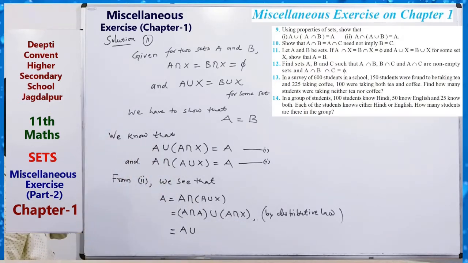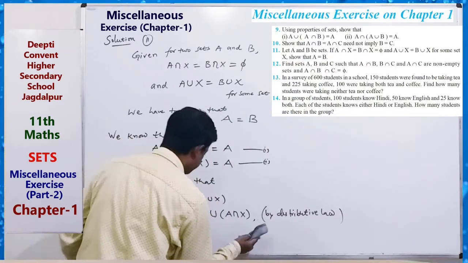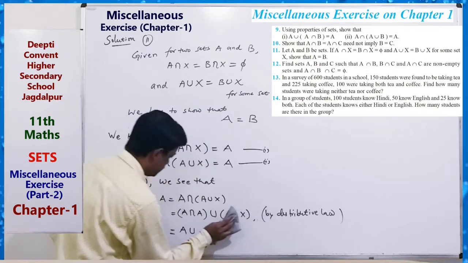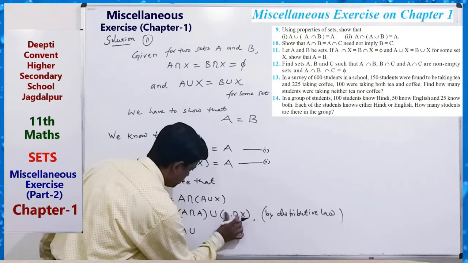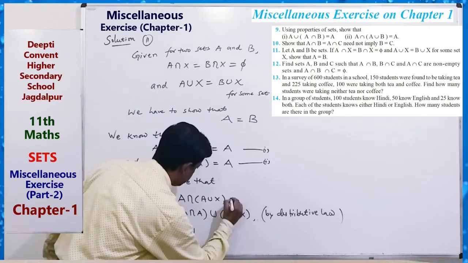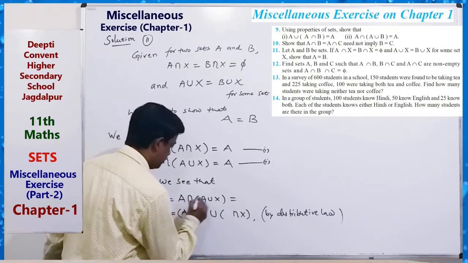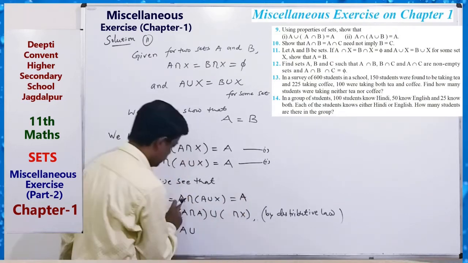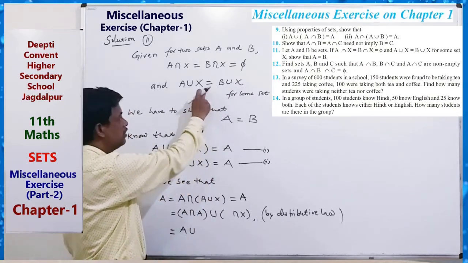So A equals A union (A intersection X). In the first line, we write A intersection (A union X), these are the given relations.